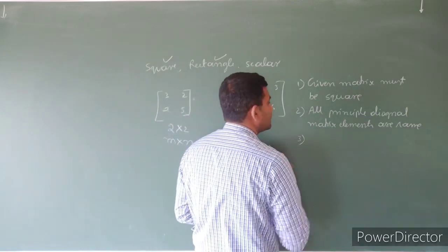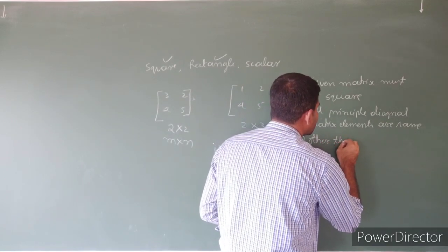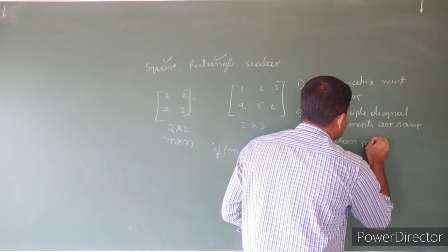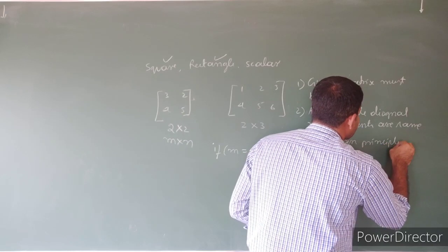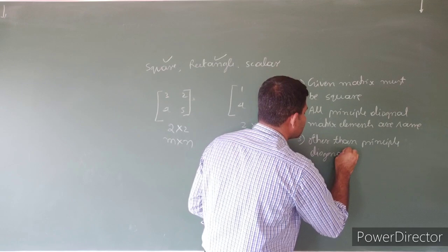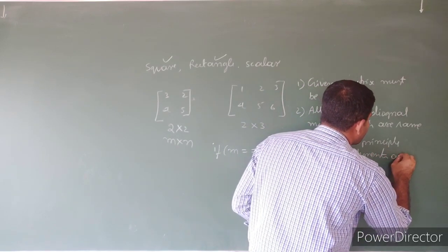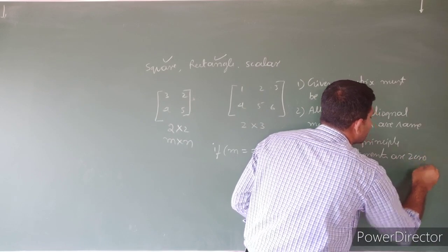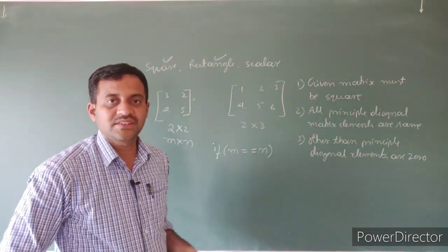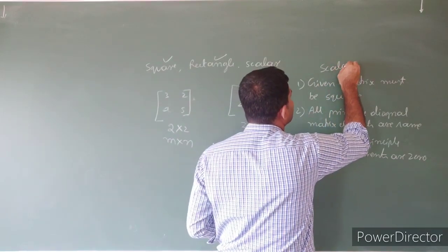Then the third one, other than principal diagonal elements are zero. If it satisfies these three conditions, then we say the given matrix is a scalar matrix.